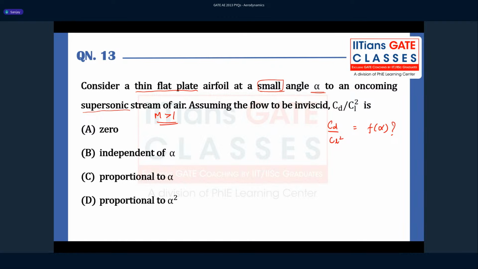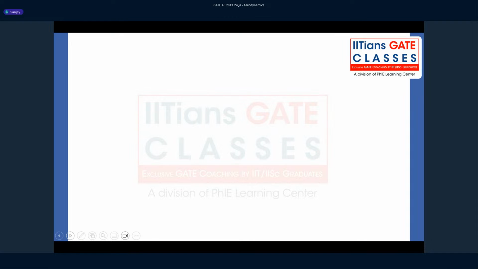So let's try to understand something about supersonic airfoils. There was a similar question in, I think, GATE 2011, and we had solved that in one of the sessions. If you guys have any doubts on what a supersonic airfoil is and what the theory behind it is, please go and look at that session. I had explained the shock expansion theory, right?